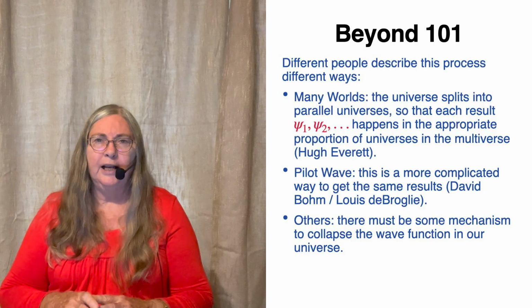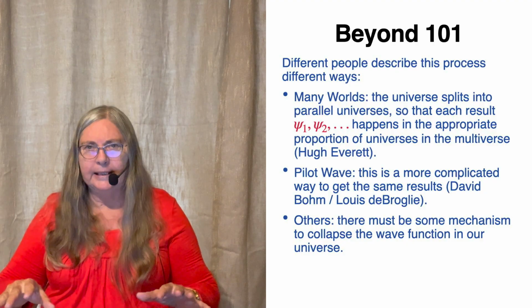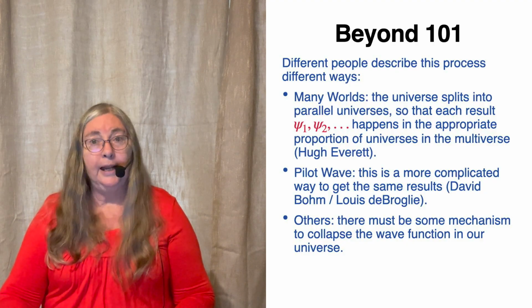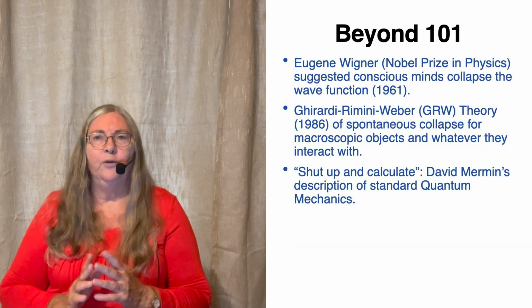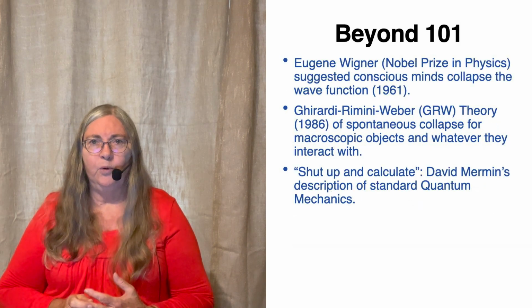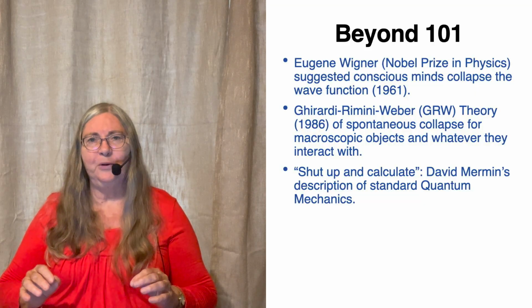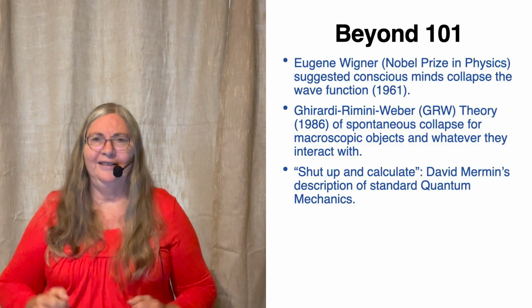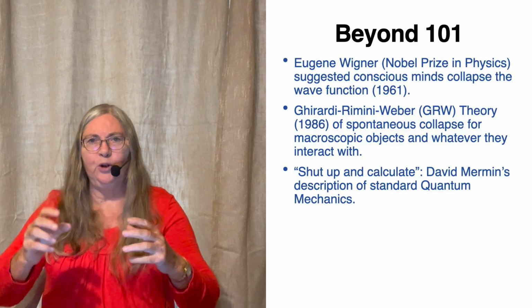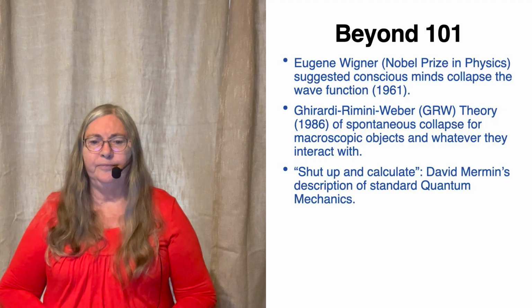Other people tell us there should be some kind of mechanism for collapse of the wave function in our universe. For example, Eugene Wigner, who won the Nobel Prize in Physics, suggested back in 1961 that conscious minds can collapse the wave functions when we do the experiment and make an observation.